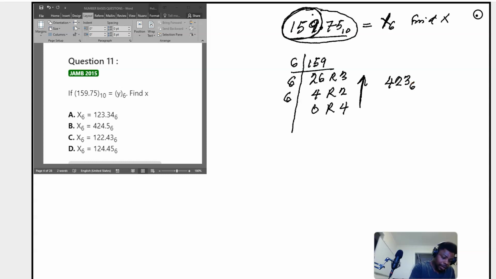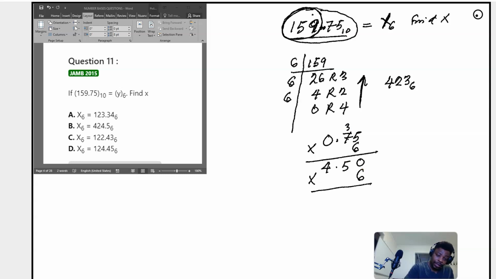Now let's take the decimal part. The decimal part is 0.75. You already know how to convert decimal parts. I'm converting to base 6, so I multiply by 6. So 0.75 times 6 is 4.5, I write 4, and continue to multiply until the side after the decimal is 0.